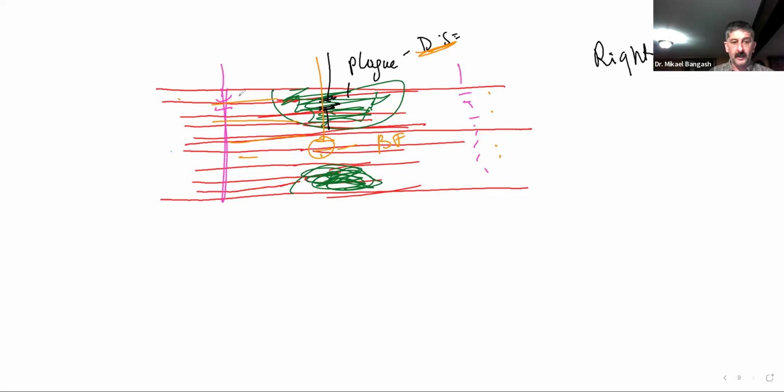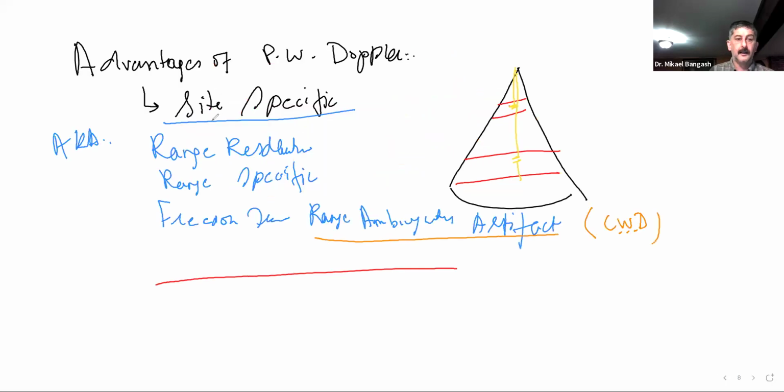You can also say the speed here versus here is going to be different. So the main advantage of pulse wave Doppler is that it is site-specific, also known as range specificity, and it has freedom from range ambiguity artifact.